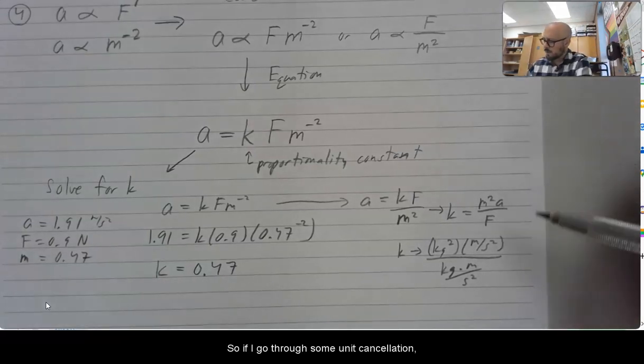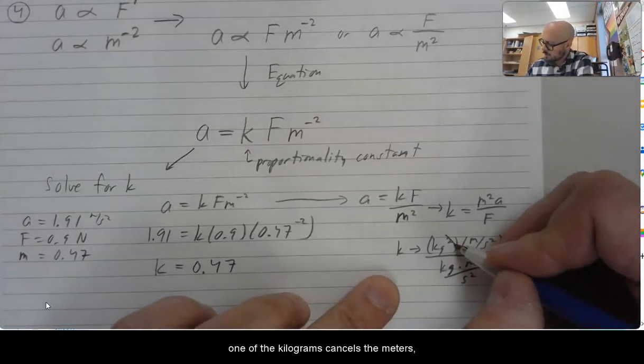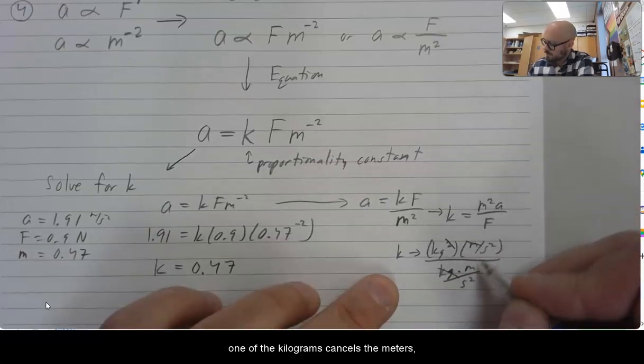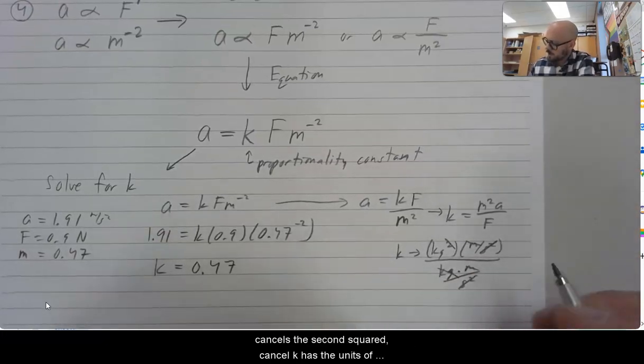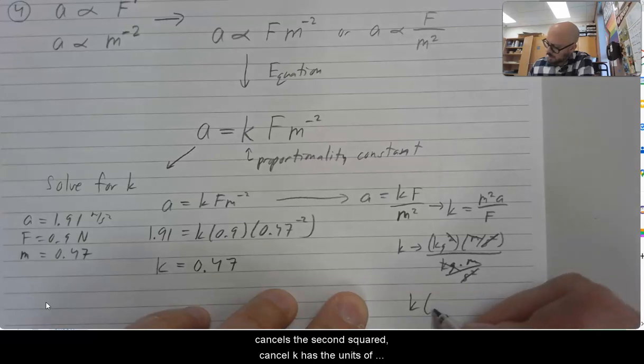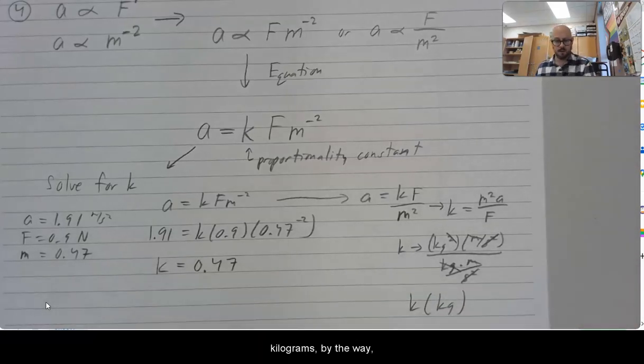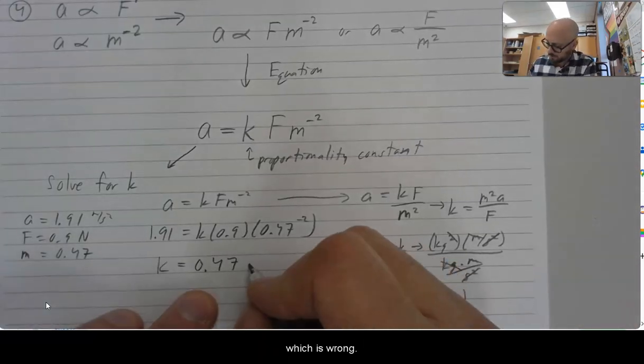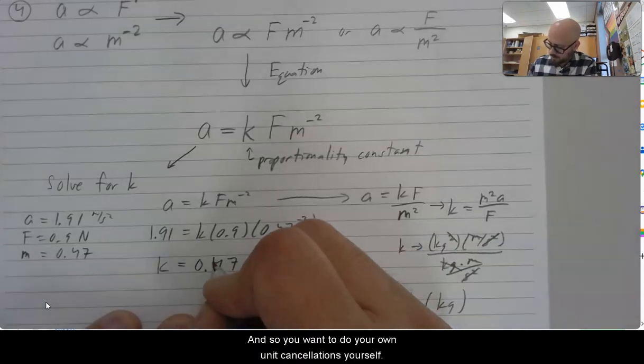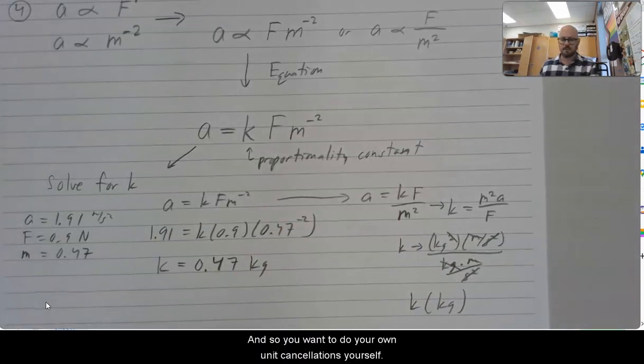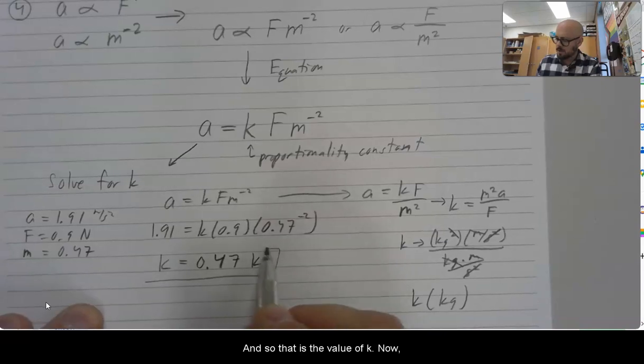If I go through some unit cancellation, one of the kilograms cancels, the meters cancel, the seconds squared cancel, and K has the units of kilograms. By the way, which is wrong. So you want to do your own unit cancellations yourself. And so that is the value of K.